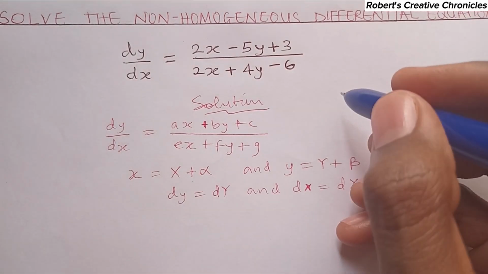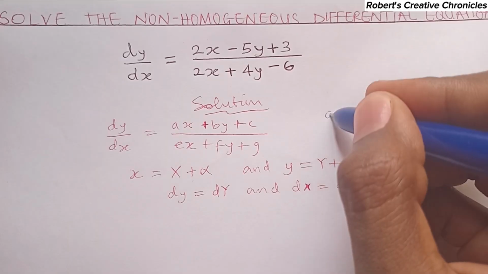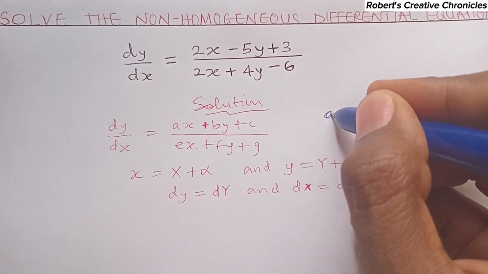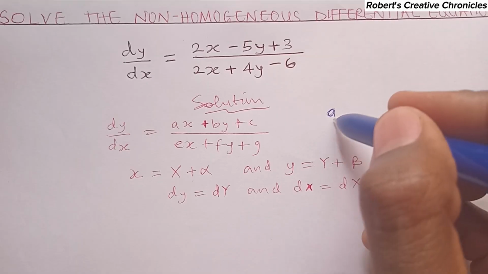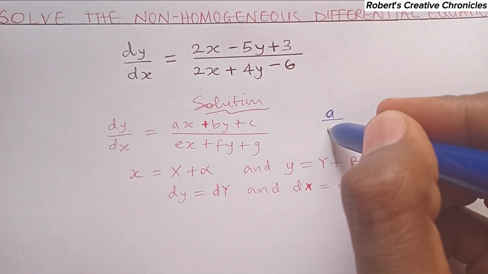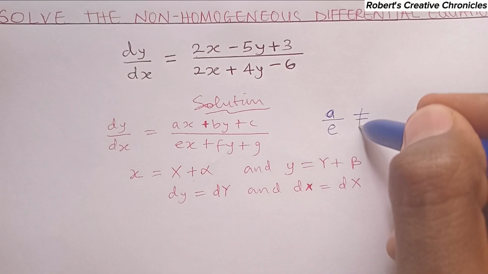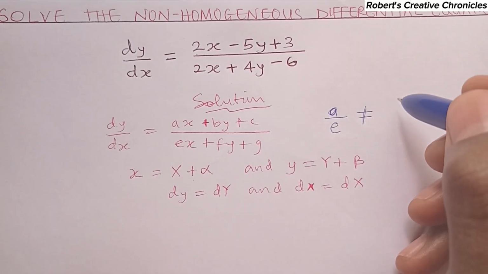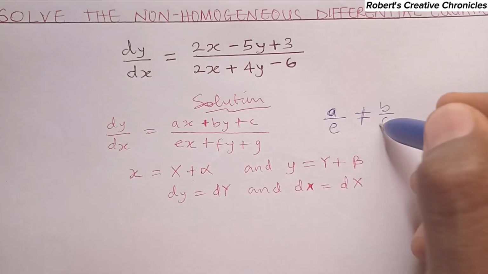So we have to keep in mind that a over e must not equal b over f.